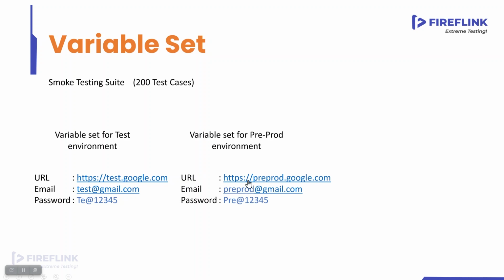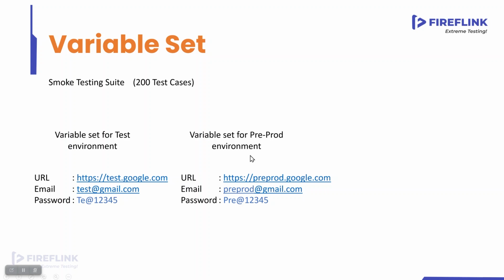I will give different values: the value of the URL in the pre-prod environment, and the value of email and password in the pre-prod environment. If I change the value here, is it going to affect the value in this other set? No. This is a different set and that is a different set. If I change the value here, it will be applicable only for this particular set, so it will not affect my previous set, right?